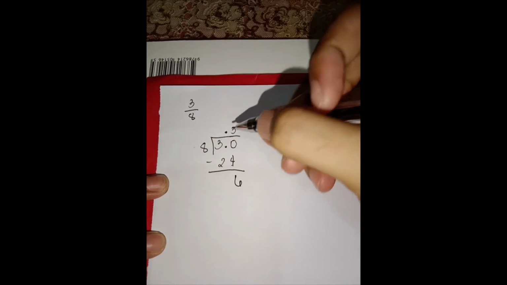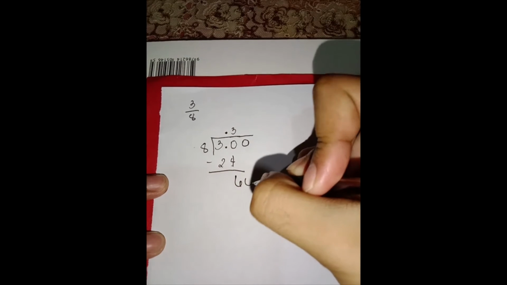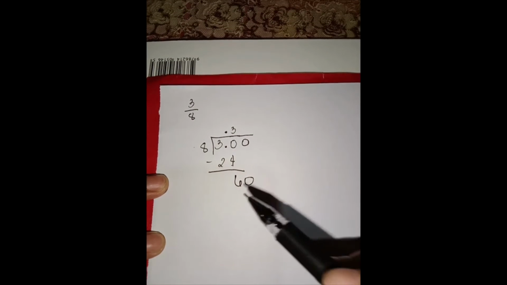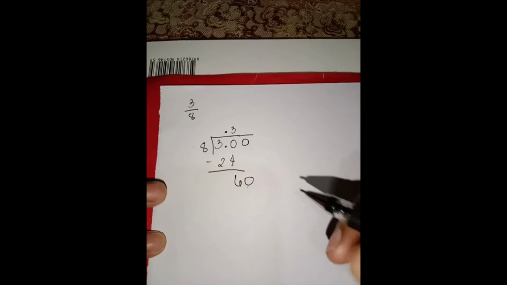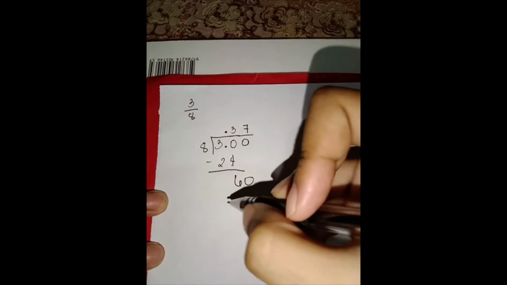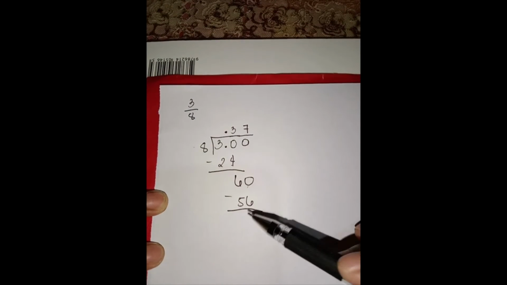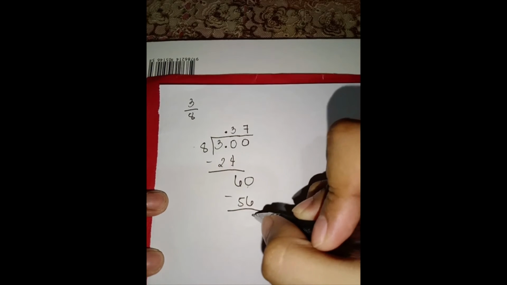So 6 divided by 8 cannot be. So add a placeholder. This will become 60. 60 divided by 8, we have 7. So 8 times 7, we have 56. So subtract. 60 minus 56, we have 4.